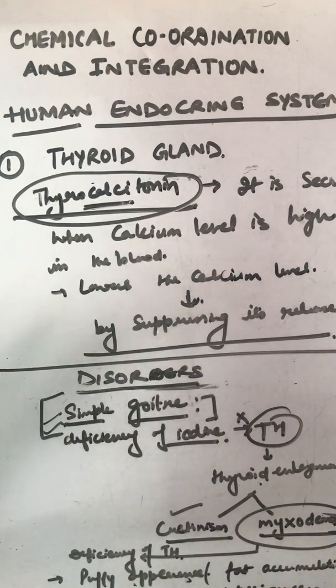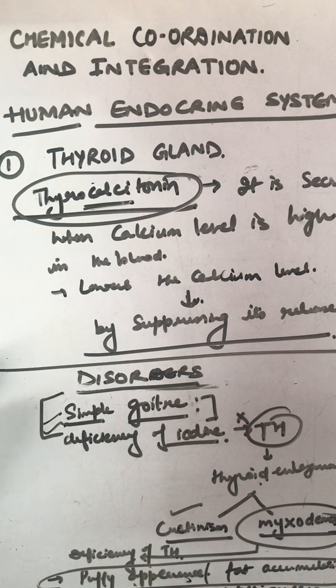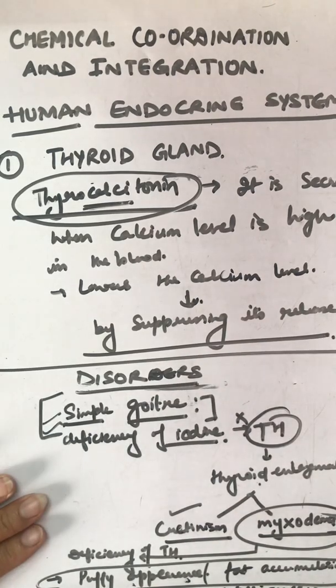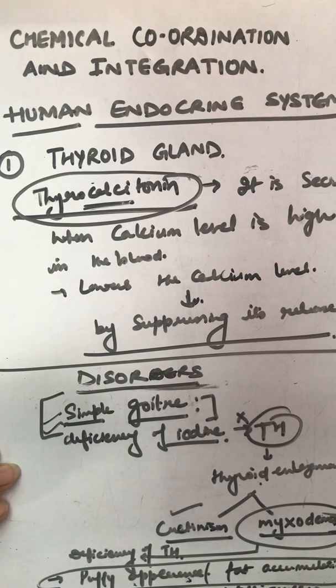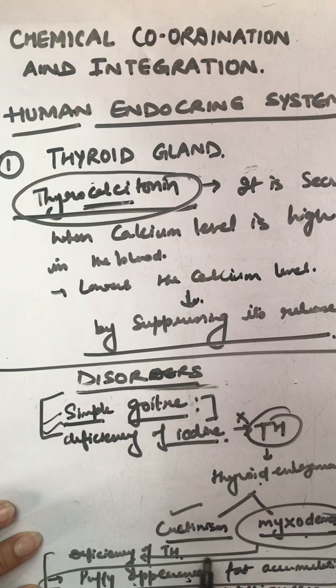Functions are all the more same. The only big difference is puffy appearance and lack of alertness. Person believes to be a bit slow in all the activities and slow in taking up any initiative. So here the body seems more lethargic in myxedema compared to cretinism. Fine.